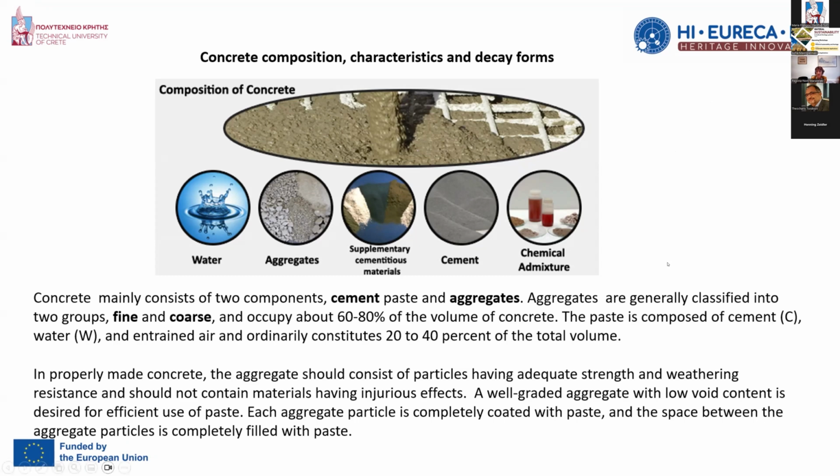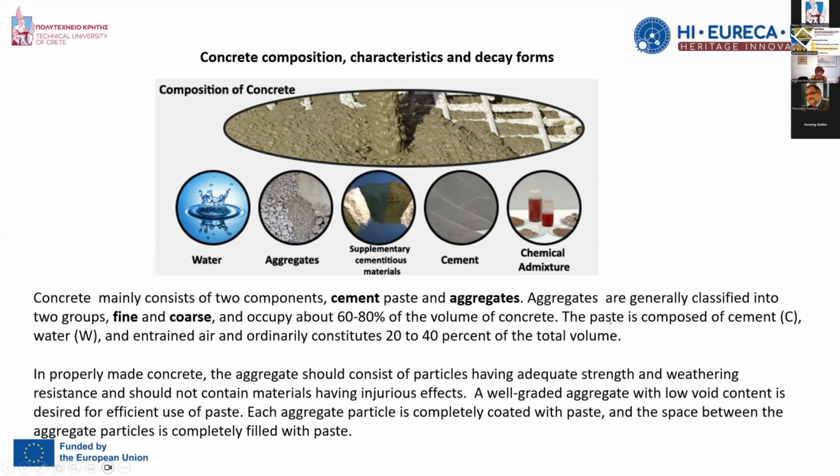The paste is composed of cement, and of course water was added, and some other supplementary cementitious materials like the pozzolans, and some specific chemical admixtures that function as improvements of basic properties of concrete.